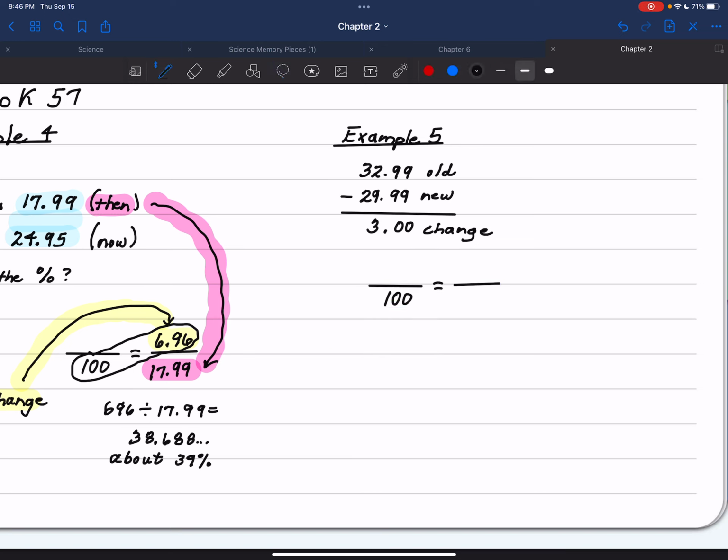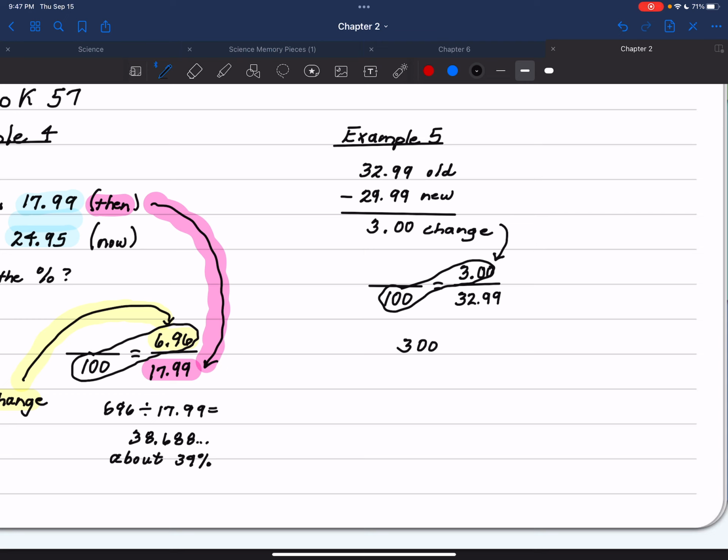The change will immediately go into this slot. The old price will always be this one. And then here comes the peanut. 100 times $3 is 300, excuse me.